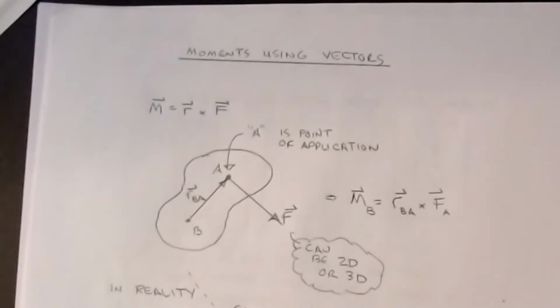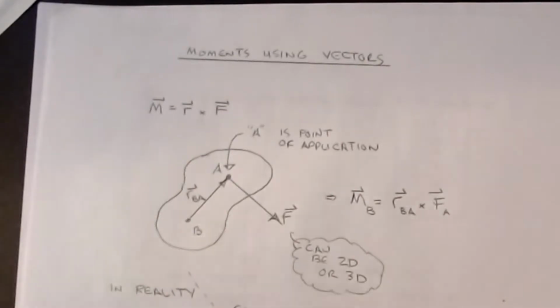I had a force, and I had to find the perpendicular distance between that point and the force in order to be able to compute the magnitude of a moment. And then we would assign the direction of the vector by hand. In this method that I'm getting ready to show, we can actually alleviate a lot of those restrictions.